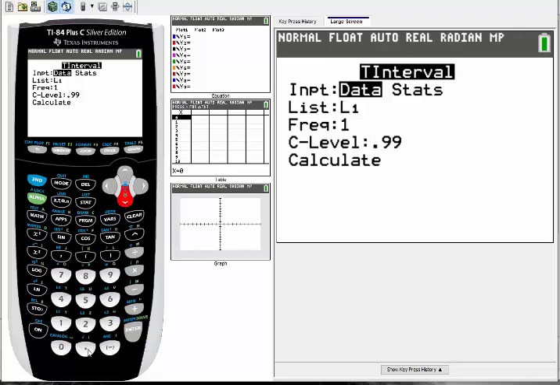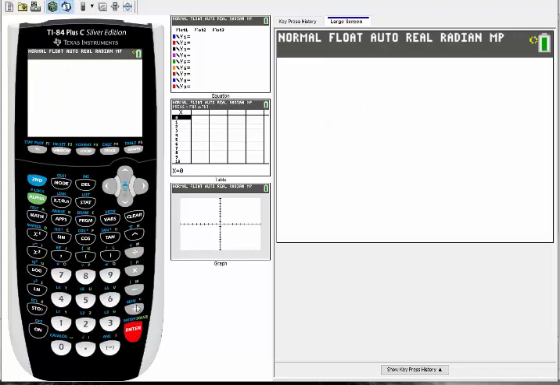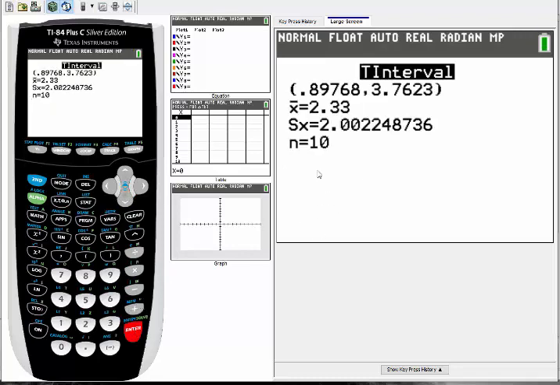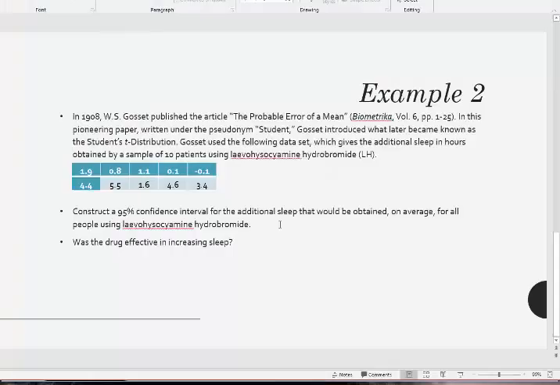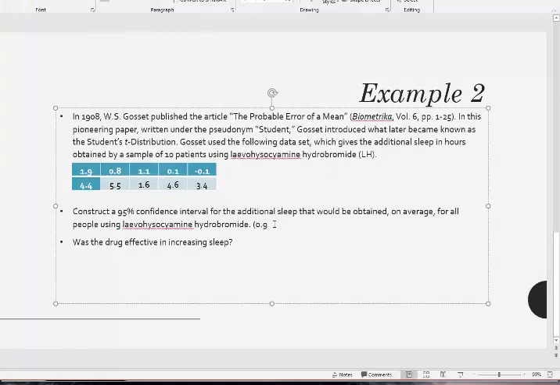Go to your confidence level, and remember I want it as 0.95 now, because this is a 95% confidence level. And I'm going to hit calculate. So it's saying here that on average, we're 95% confident that the additional sleep somebody will get, rounded to one decimal place, will be between 0.9 hours and 3.8 hours. So that's our 95% confidence interval for the mean.